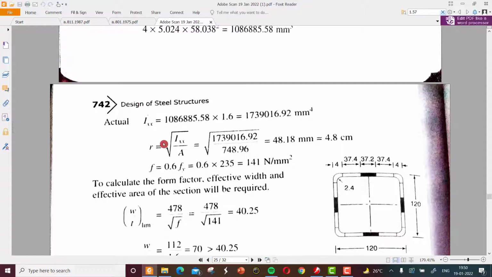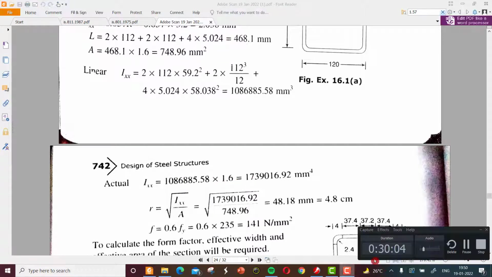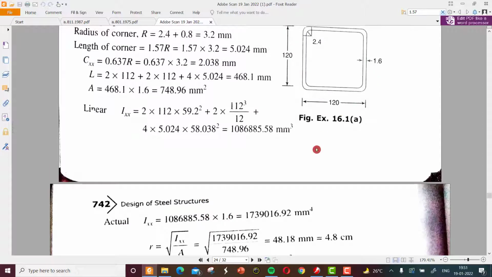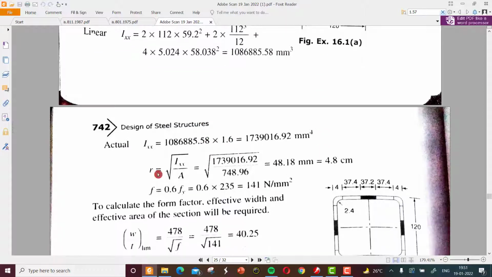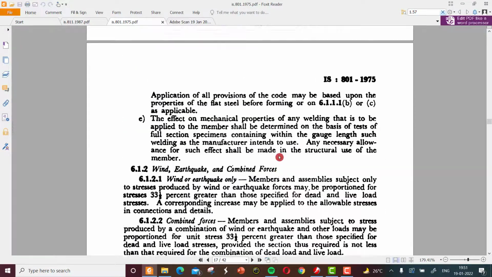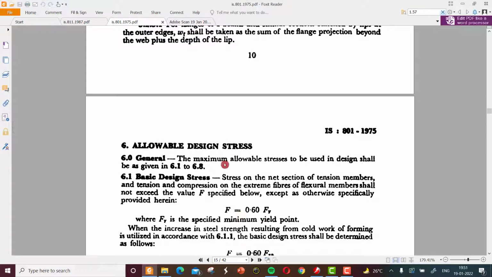The actual Ix is equal to 1.10 this value into 1.6, where 1.6 is the thickness. The radius of gyration r is equal to root of Ix by A, which will be 4.8 centimeter, and we know that the design stress is 0.6 into 235, which we have seen: 0.6 into Fy.